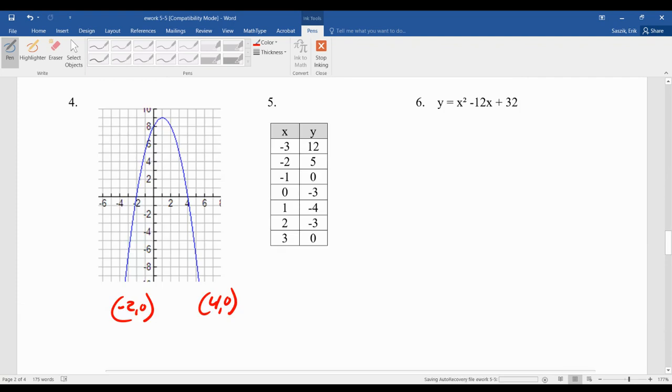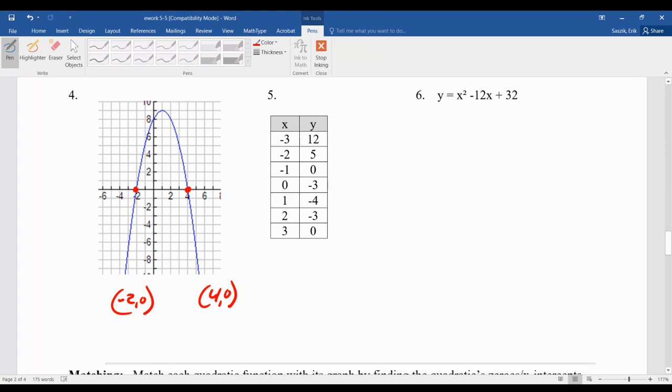But remember that they're 2 separate points, okay? Okay, my document's not happy right now. Let's see if this is okay now going forward. Now here in the table, this is a different table. This table does not go with the graph in number 4. But if you were given a table, you look, hey, there are the zeros.